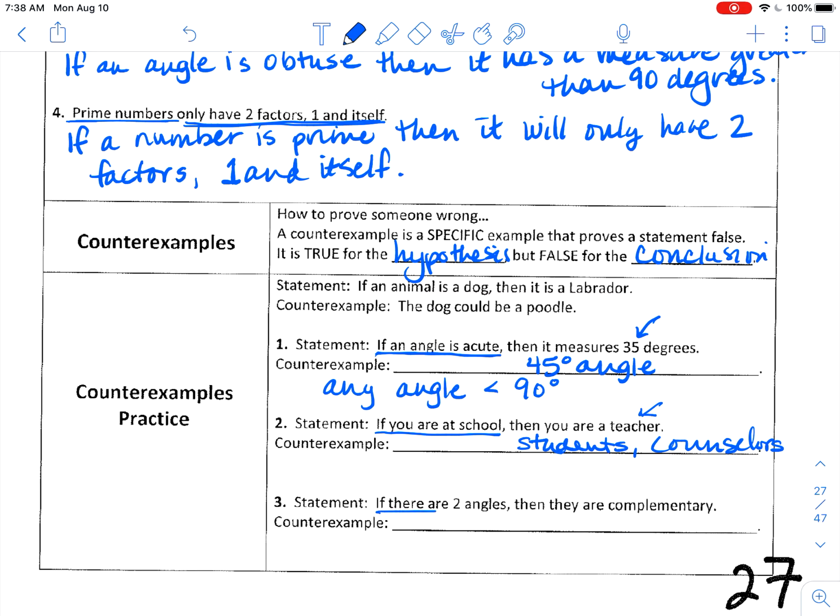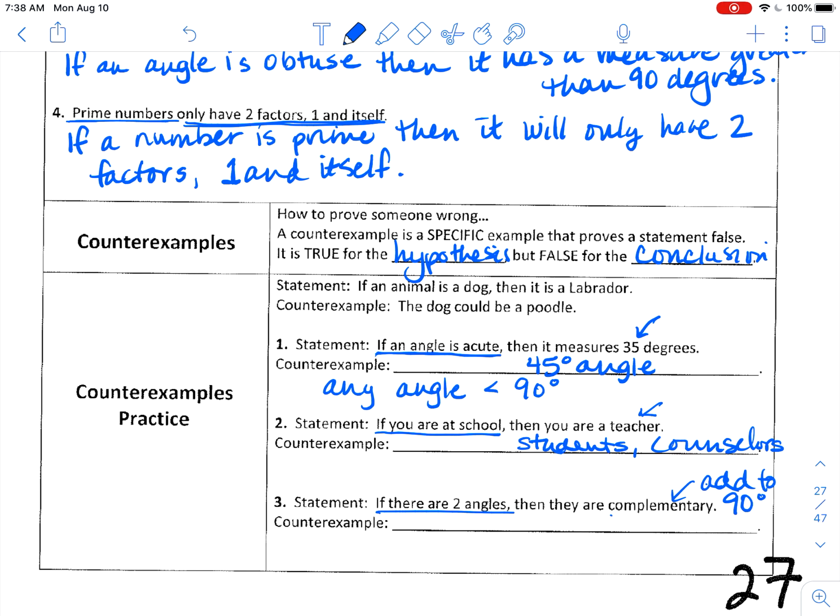Okay, so number 3. If there are 2 angles, so we're going to be true for 2 angles, they are complementary. So we want to be false for complementary. Complementary angles are angles that add to 90.